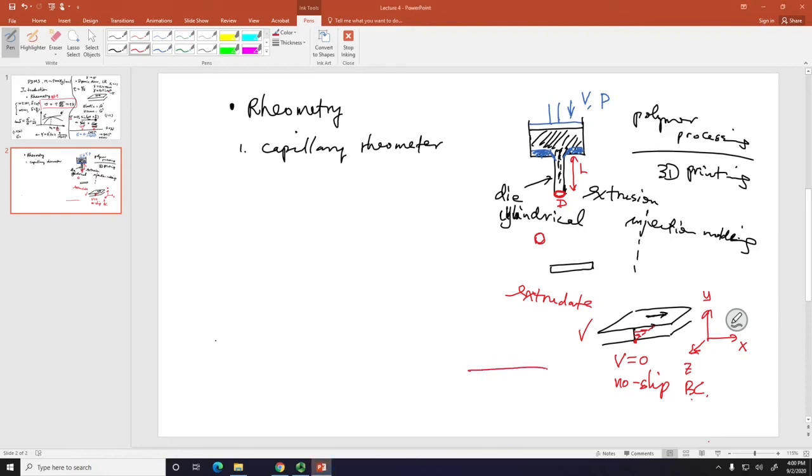So if I draw this die like this, I don't know how many of you have this notion before, but that's what it is. The maximum speed is in the middle, and it will come out with more or less a parabolic shape. The water from your faucet is all like that in principle.